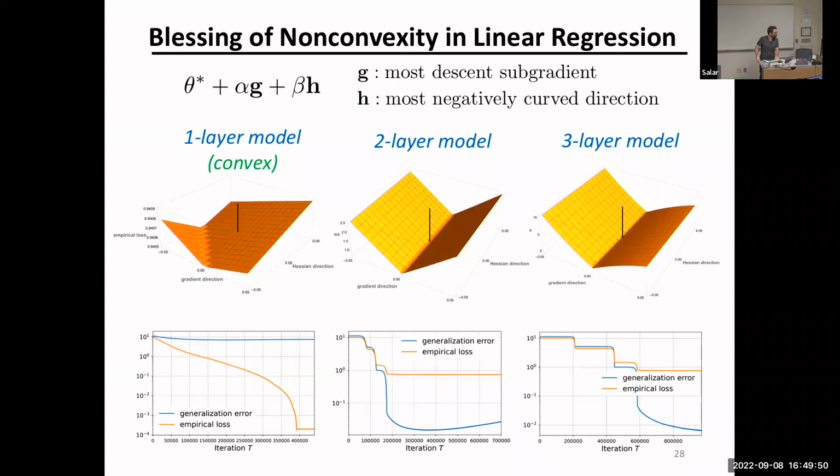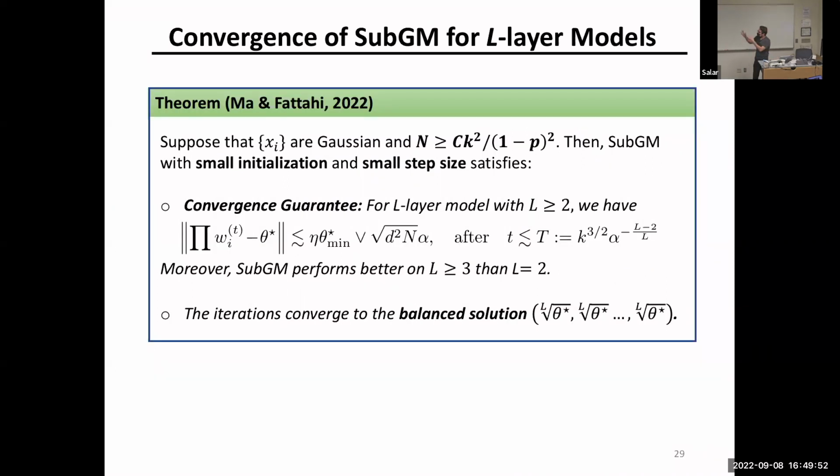I'm going to wrap up very quickly. Turns out that's subgradient method. Again, if xi here is Gaussian, and the number of measurements scales with k squared, where k is the number of non-zeros in theta star, it is not the dimension. So k can be significantly smaller than d, right? And n can be significantly smaller than d, right?